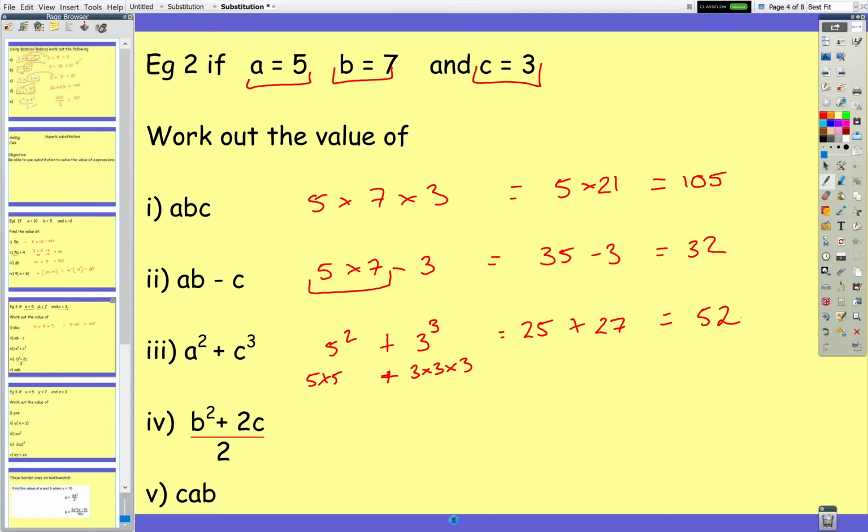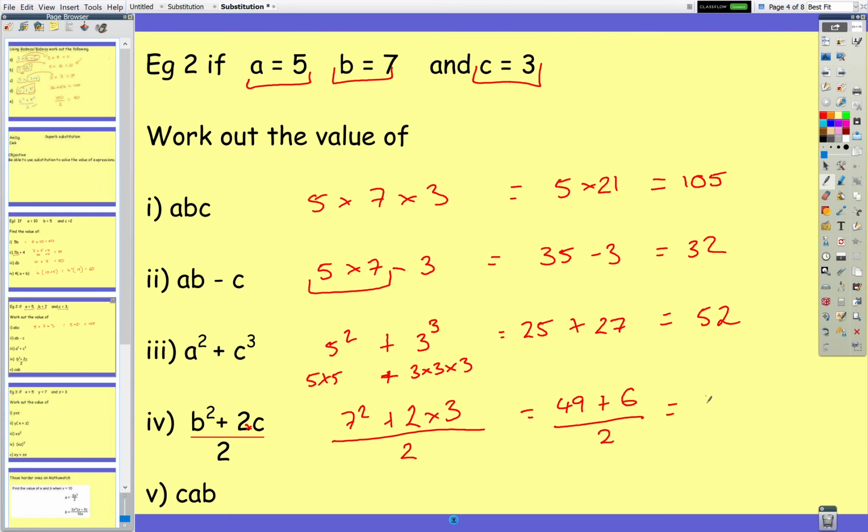Right, the next one, B squared. So we've got 7 squared plus 2 lots of 3. Remember, times sign just there, all over 2. So we'll work out BODMAS first. So we're using powers first. So we've got 49 plus 2 times 3, which is 6, all over 2.